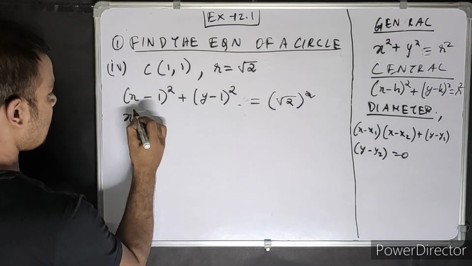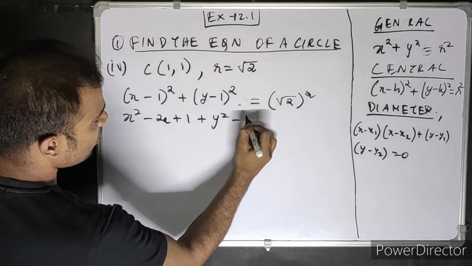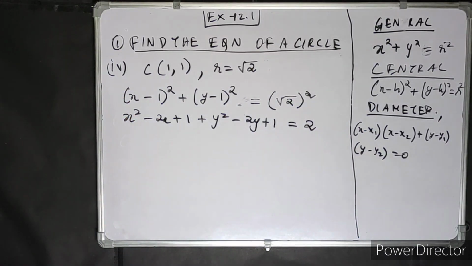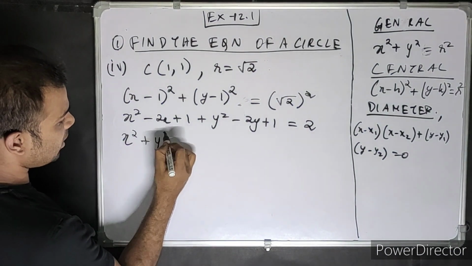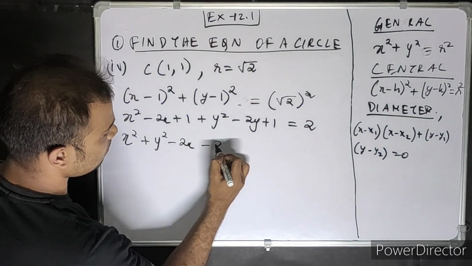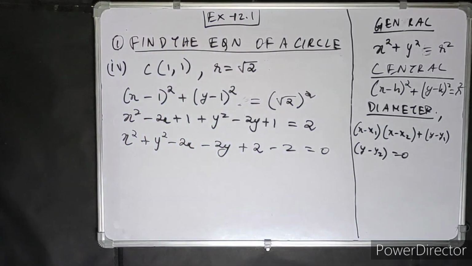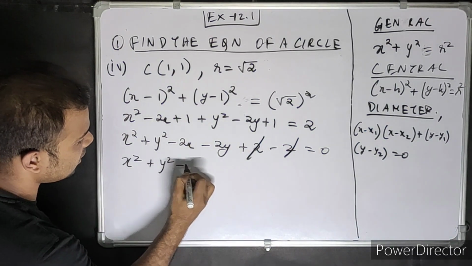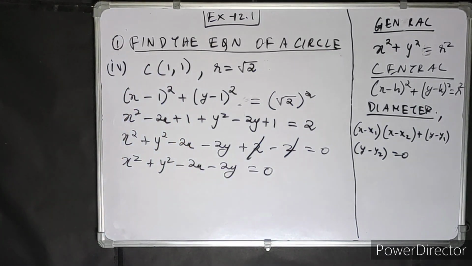So this is x square minus 2x plus 1 plus y square minus 2y plus 1 is equal to 2. The root and the square got cancelled out. So that's x square plus y square minus 2x minus 2y plus 2 minus 2 is equal to 0. See, that got cancelled out. So we are left with x square plus y square minus 2x minus 2y is equal to 0.